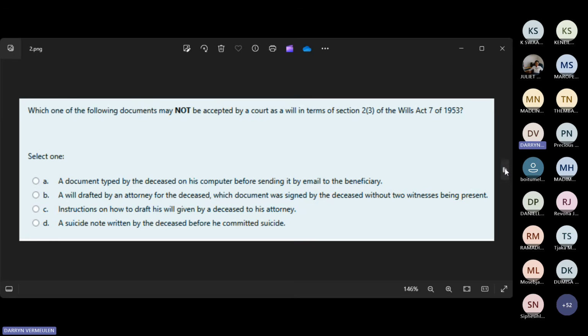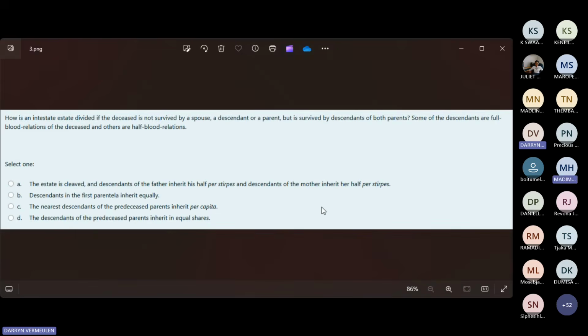Let's try the next one. This is quite a long question, so on your phone you might have to pinch and zoom in to see, because the text is quite small even on my side. The question is, how is an intestate estate divided if the deceased is not survived by a spouse, a descendant, or a parent, but is survived by descendants of both parents? Some of the descendants are full blood relations of the deceased, and others are half blood relations.